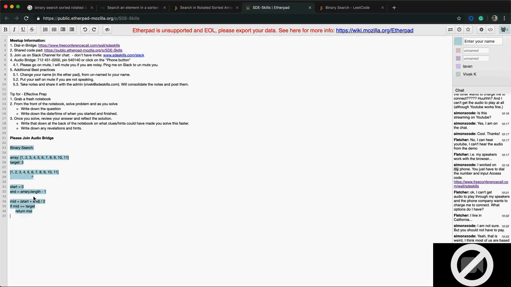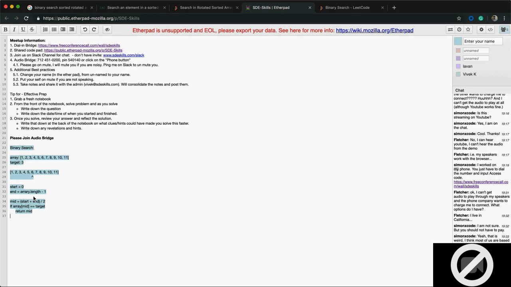Otherwise, if it's not mid, you compare the element at the index of mid. Yeah, array of mid, because we are looking for the index. So if the middle element is the same as the target, then we will return the mid index.